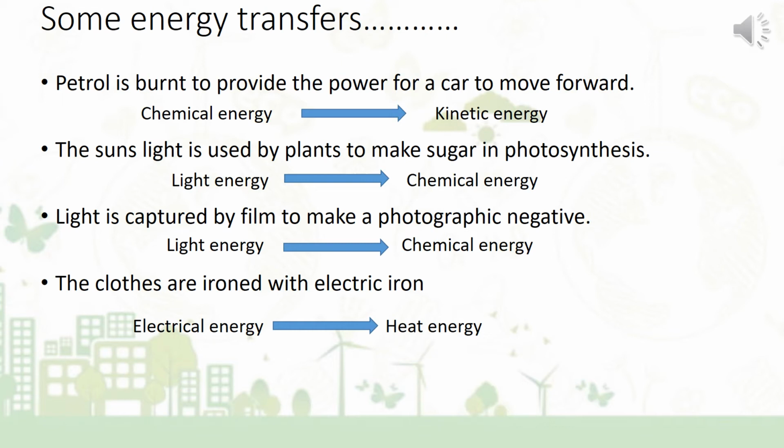Likewise, in our day-to-day life, we are using lots of electrical appliances and many other pieces of equipment. So when you are using them, just recall and see what energy transfer you can see there.